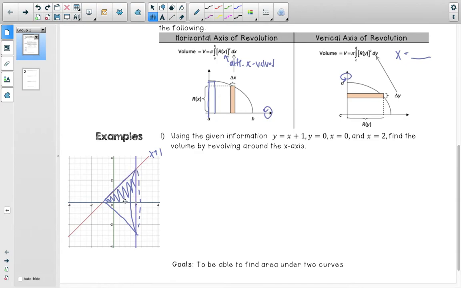I want to color that in. To find this, we have to ask, what's the radius? Well, this right here would be the radius of x. How do you find that height? That height's determined by this x plus 1. So if you plugged in 2, the height is 3. If we had another radius right here, like at 0, it would be 1 because you'd plug in that.